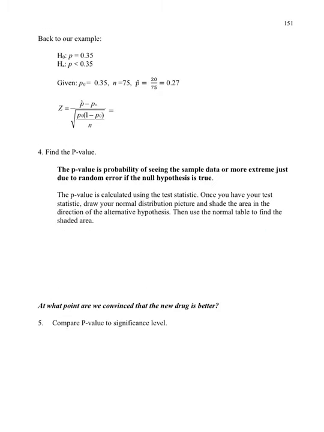So now plugging our givens into our formula, we have 0.27 minus 0.35, divided by the square root of 0.35 times (1 minus 0.35) all over n, which is going to give us minus 1.45.